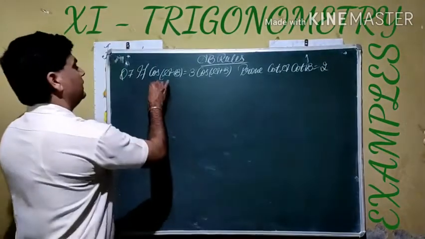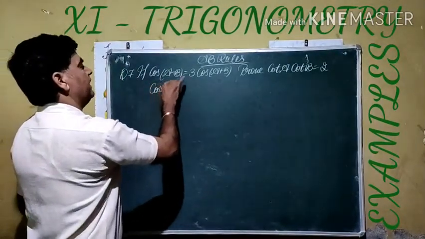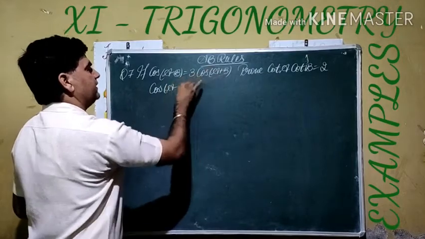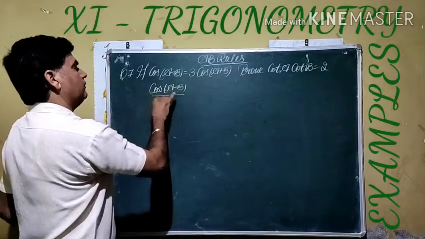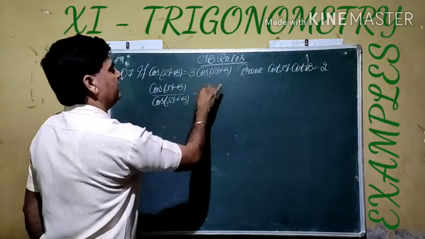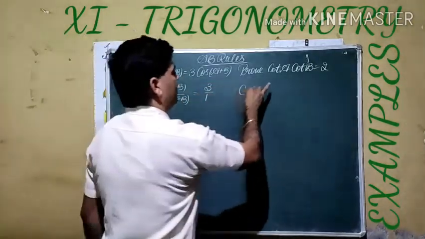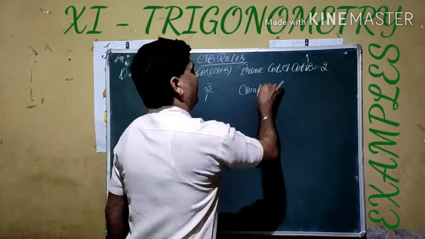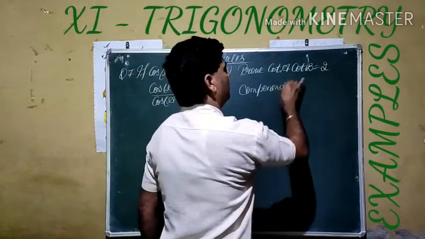First of all, arrange them. Cos of (a minus b) as it is. We are shifting this one. It is given by cos of (a plus b) in the denominator is equal to 3, which can be written as 3 by 1. Now we are going to apply componendo and dividendo.